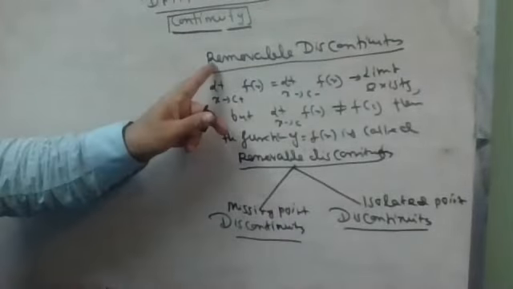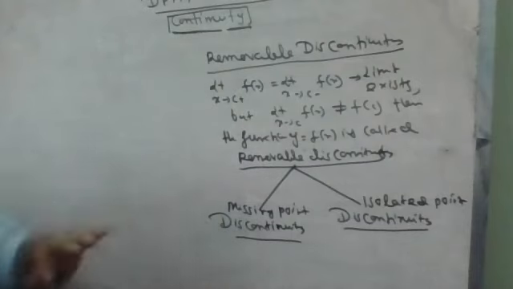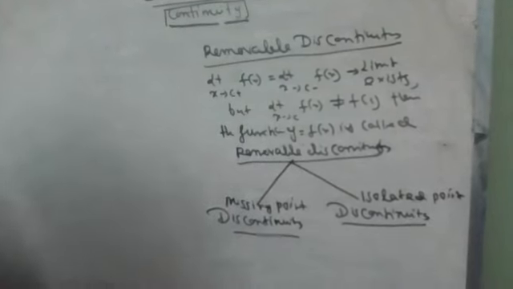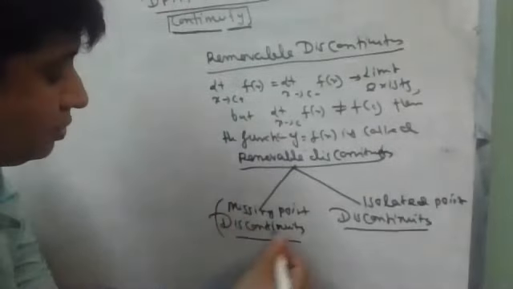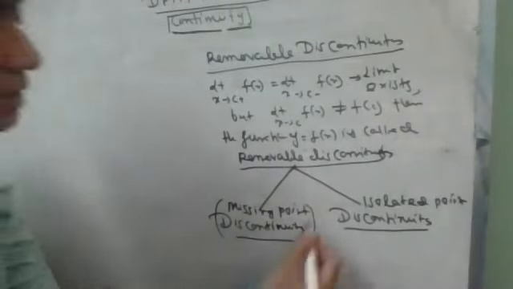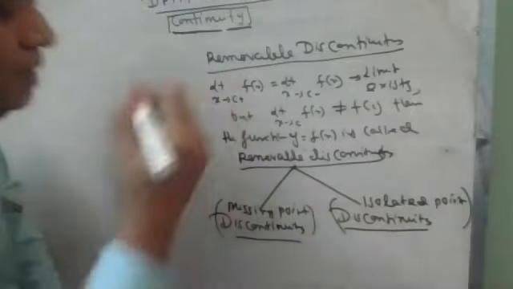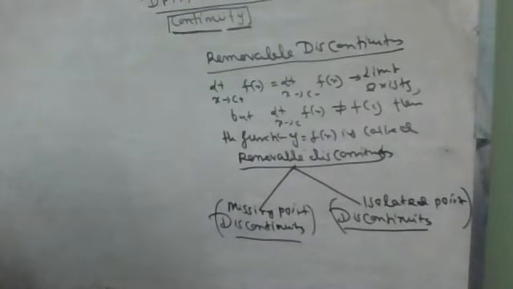So removable discontinuity can have two types: missing point discontinuity and isolated point discontinuity. Now I will discuss missing point discontinuity and isolated point discontinuity.